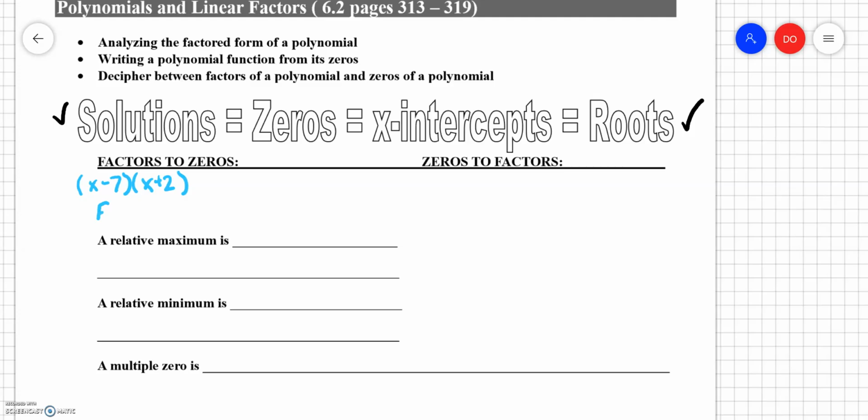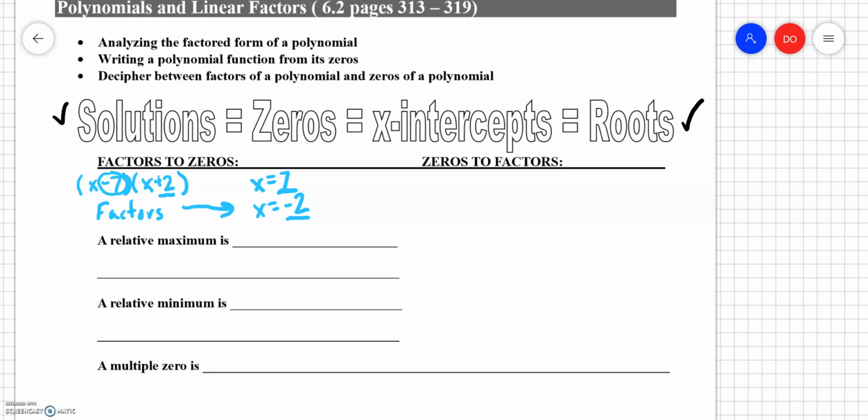So if these were our factors, these as zeros look like x equals 7 and x equals -2. In observations, you should be able to see, notice how a -7 inside of a factor actually turns into a +7 as a 0. Or a +2 inside of a factor turns to -2 as a 0.